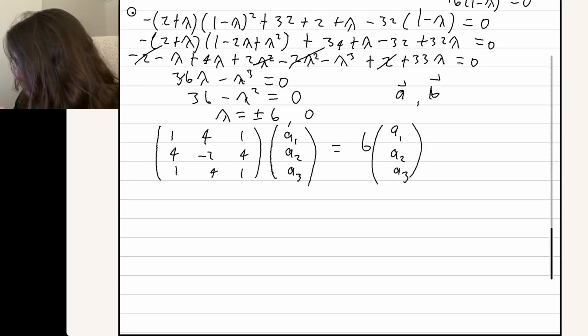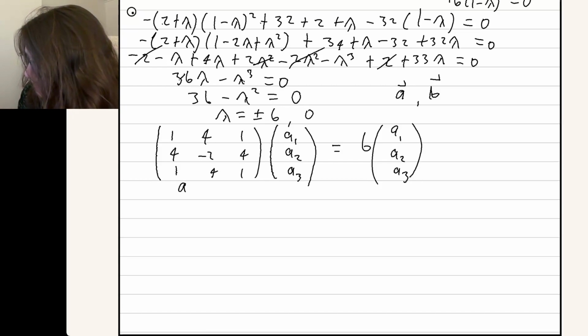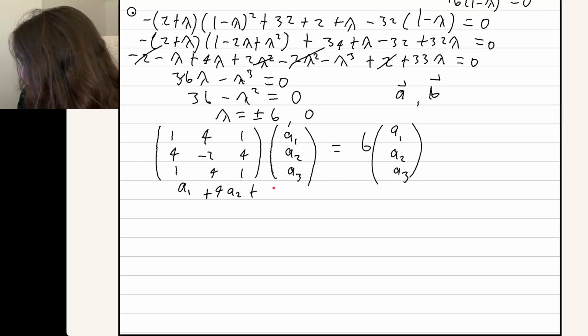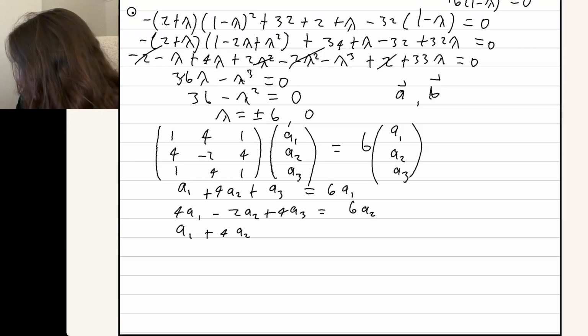Just doing the multiplication, we have the equations A1 plus 4A2 plus A3 equals 6A1, 4A1 minus 2A2 plus 4A3 equals 6A2, and A1 plus 4A2 plus A3 equals 6A3.